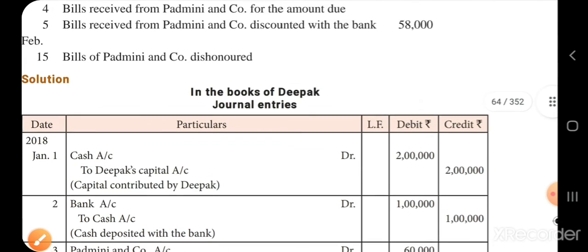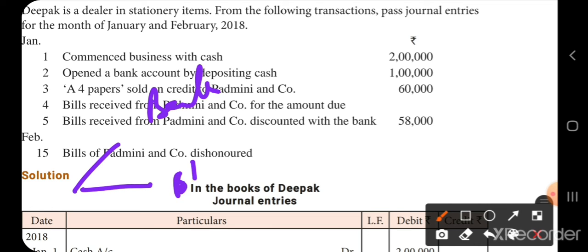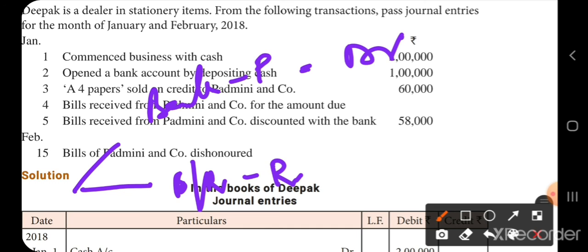See here. What are the accounts involved here? Bank and bills receivable. Bills receivable is a real account, bank is a personal account. Okay. Debit the receiver of the bill. Okay. And bills receivable is a real account. Credit what goes out.